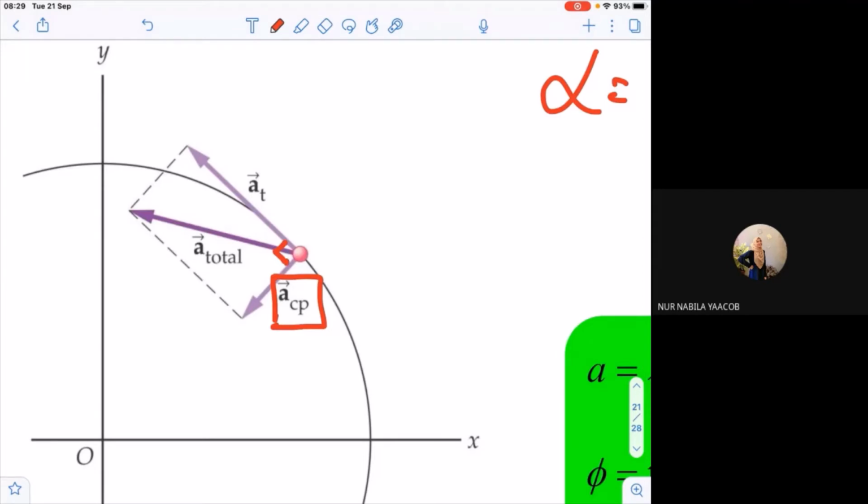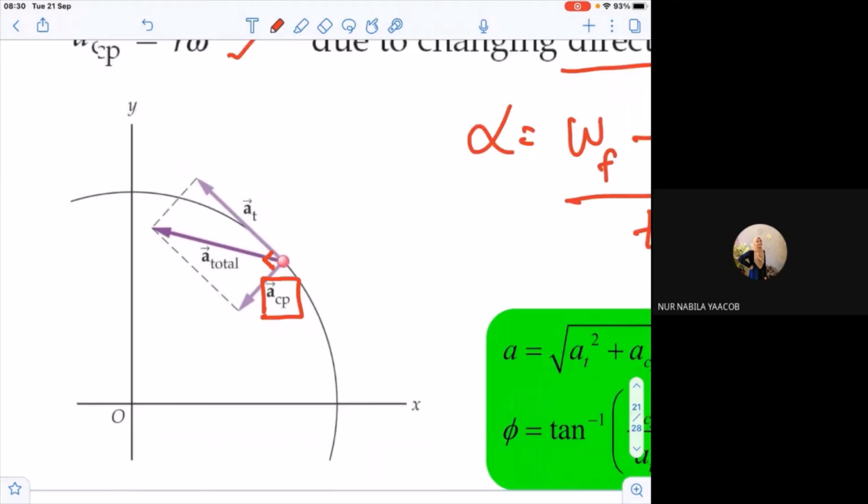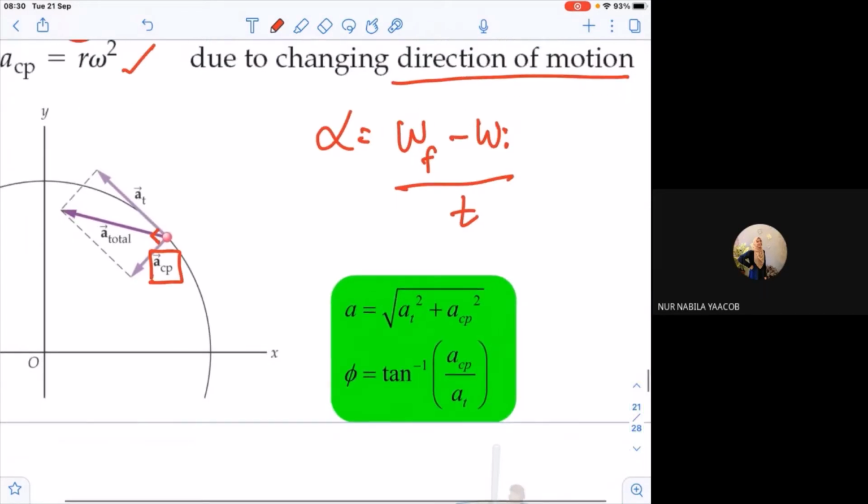So tangential and centripetal acceleration are 90 degrees to each other. When we combine both, we get the total acceleration. So what is total acceleration? The square root of AT squared plus ACP squared. That will give you the total magnitude of acceleration.